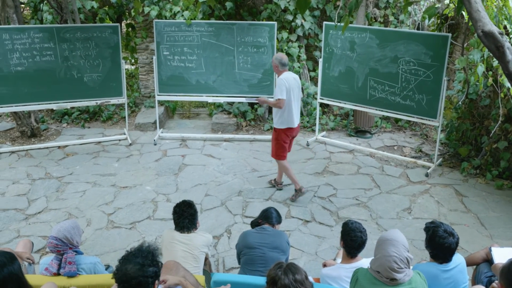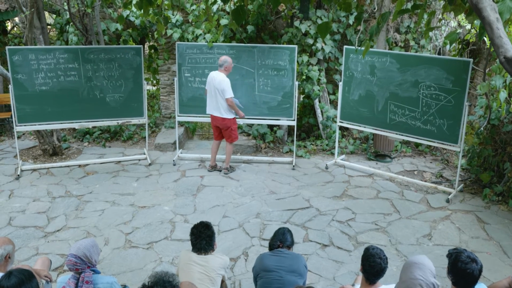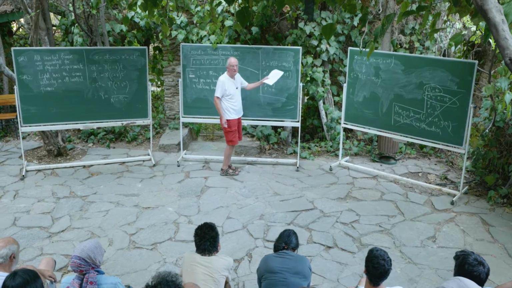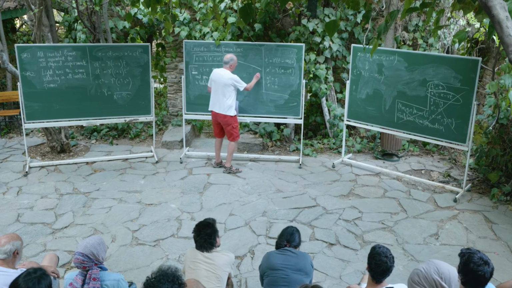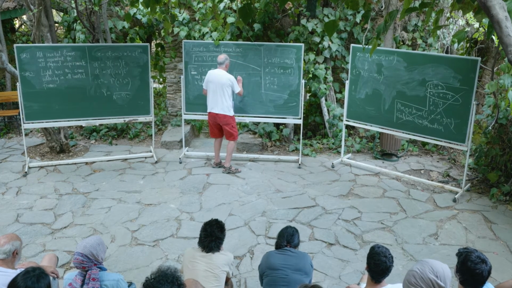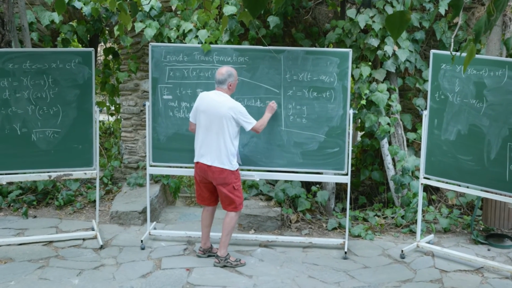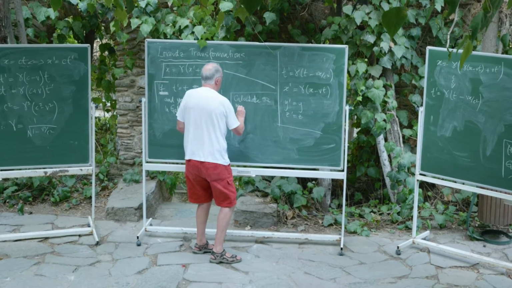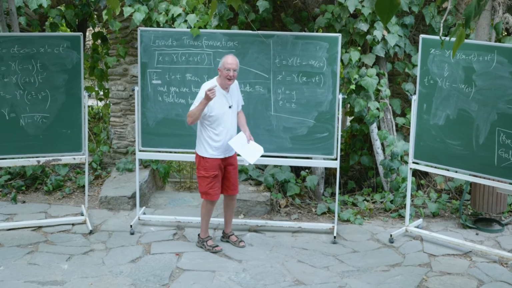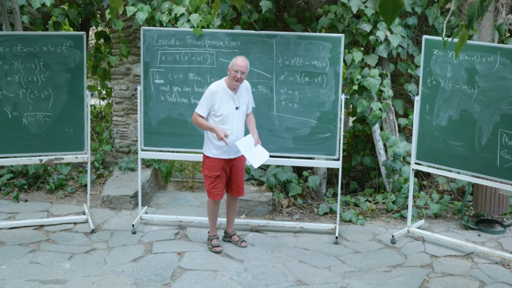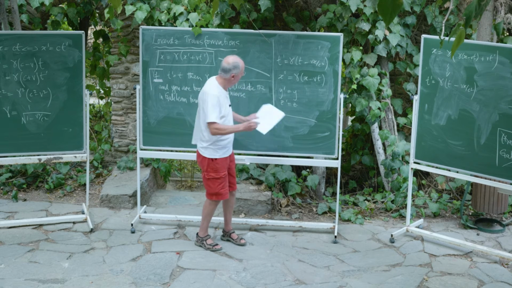I've got another exercise coming up. This is the transformation from S to S dashed. As an exercise, it's a piece of algebra really, to calculate the inverse. In other words, calculate t, x, y, z in terms of t dashed, x dashed, y dashed, z dashed.